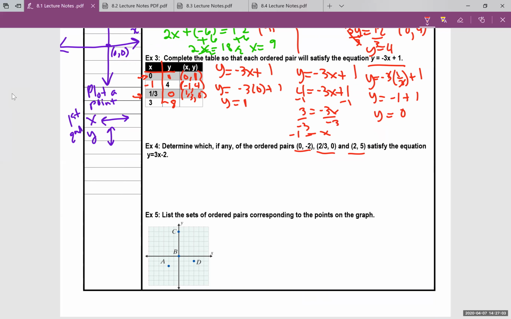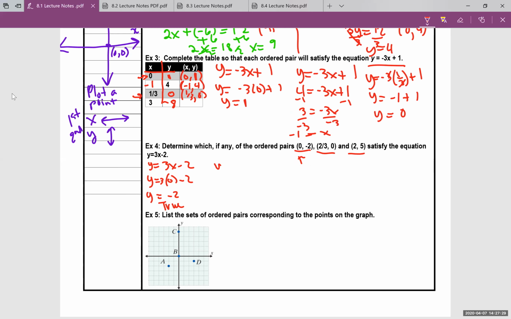Let's see. Y equals 3x minus 2. When you put in 0 for X, Y is equal to negative 2. So that first one is true.